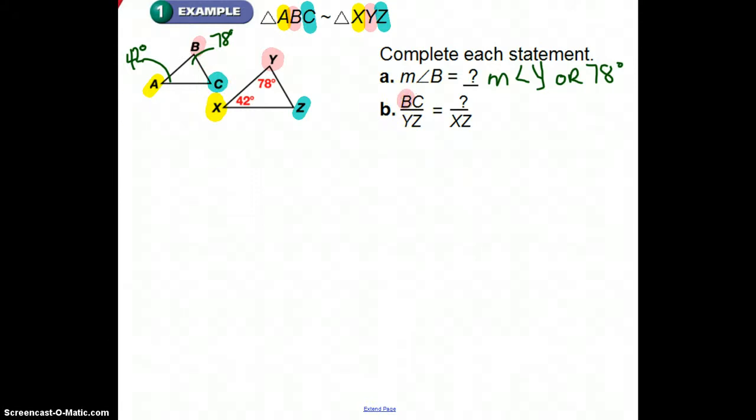So I'm going to do my blue and pink, and then Y and Z is also blue and pink. Now X is yellow, so I'm guessing the other one up here is going to have to be yellow. And Z is blue, so the other one up here is going to be blue.